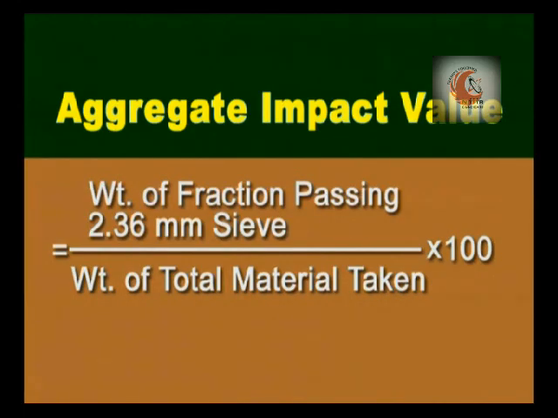The aggregate impact value is determined as weight of fraction passing 2.36 mm sieve as a percentage of total material taken. Repeat the test and the mean of two samples is reported as the aggregate impact value.